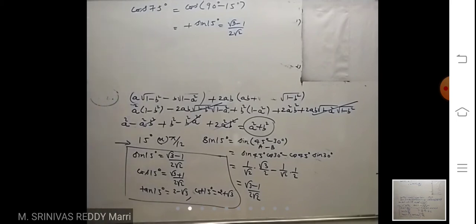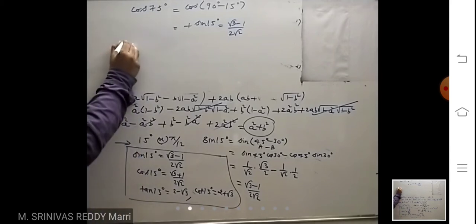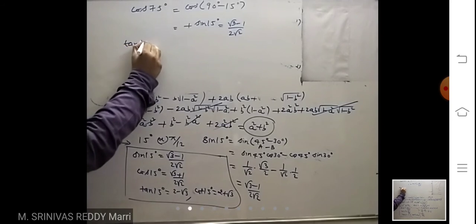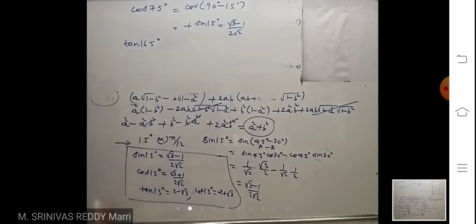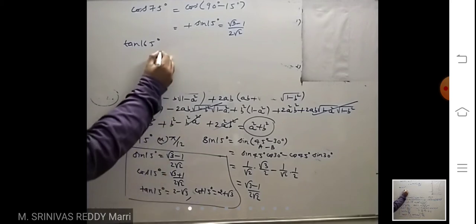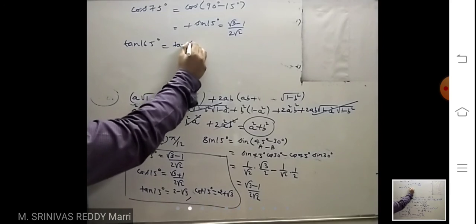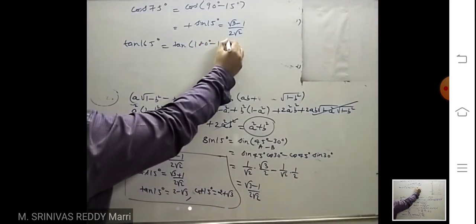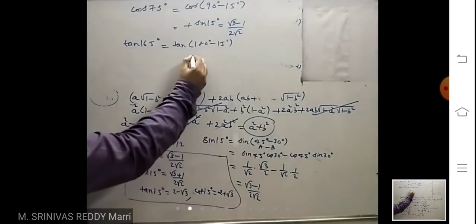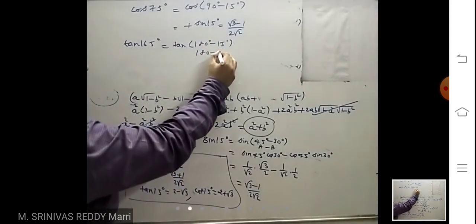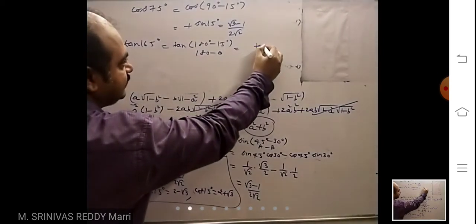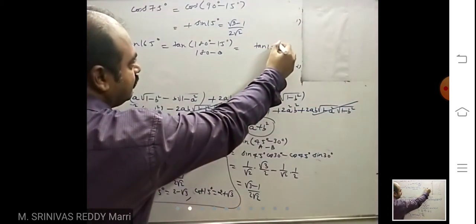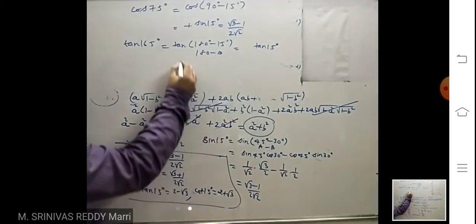Suppose you want to calculate tan of 165 degree. You know 15 degree, it can be written as 180 degree minus 15 degree. So this is 180 minus theta, that means tan theta. 180 minus theta is in the second quadrant.